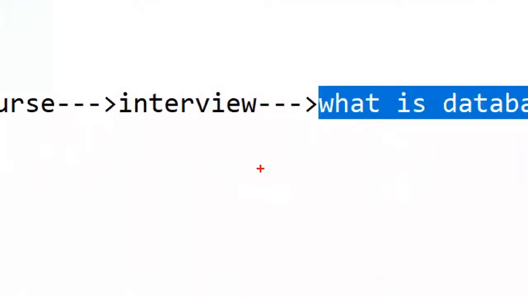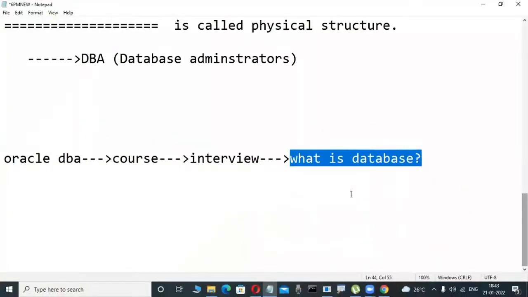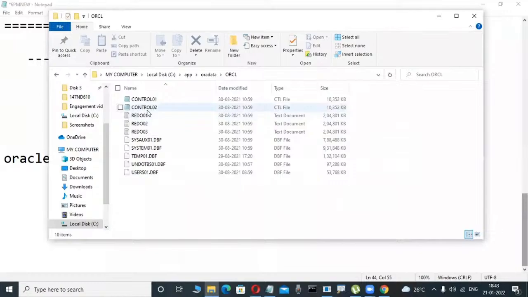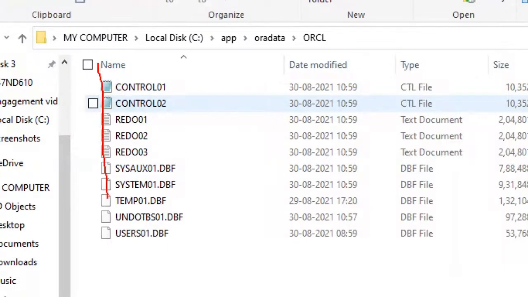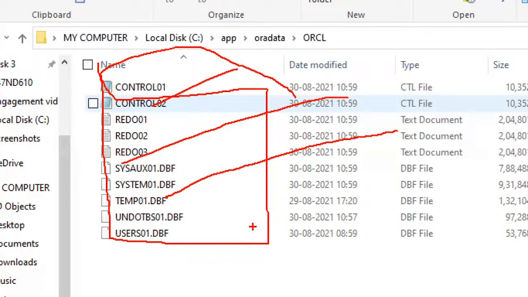Whenever I install Oracle software, physical files are created on the disk and are visible: data files, control files, and redo log files. So a database is a collection of data files, control files, and redo log files.